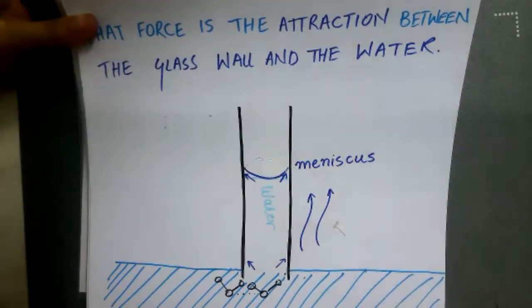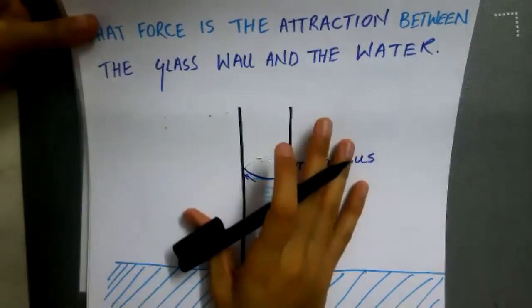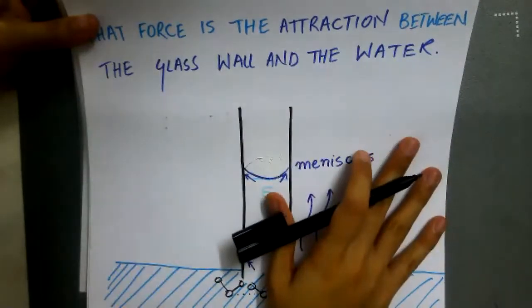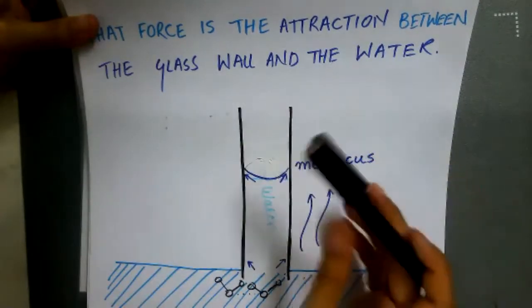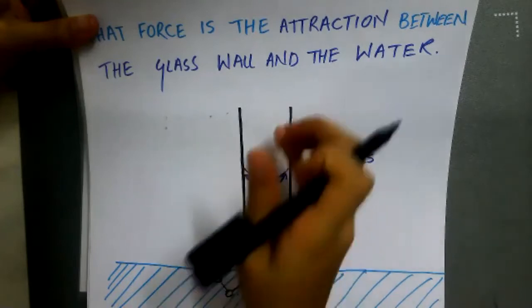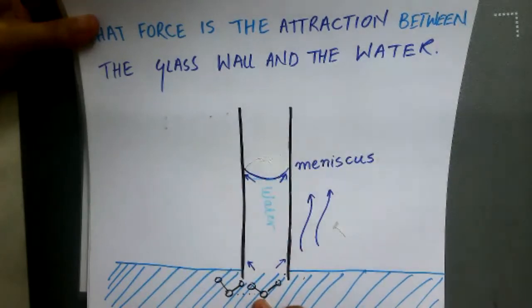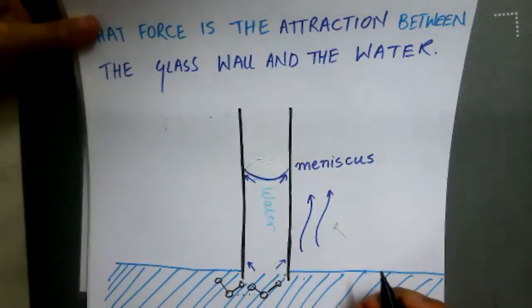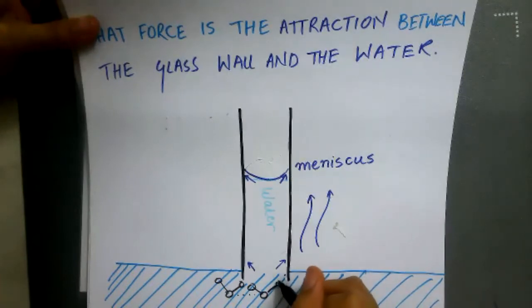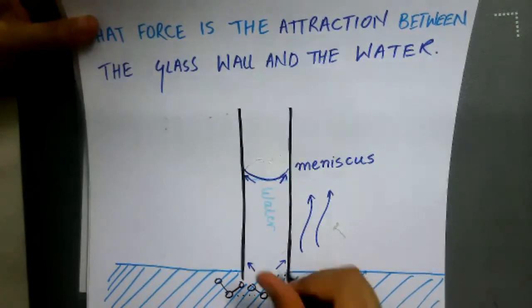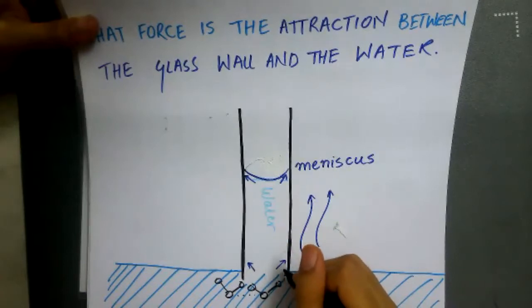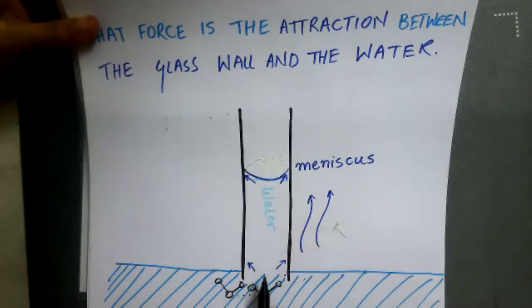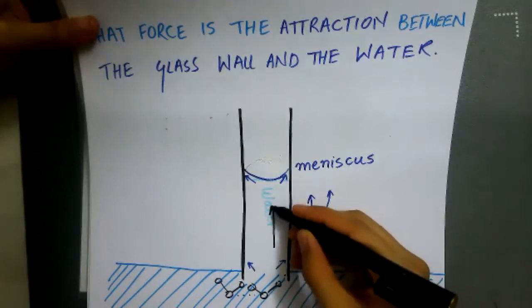There is a force of attraction between every object, like my hand and this pen, or the glass tube wall and the water. These are called van der Waals forces. But some of them are stronger and some of them are weaker. The water gets attracted to the glass wall much more strongly than it is attracted to each other. That's why it travels upwards.